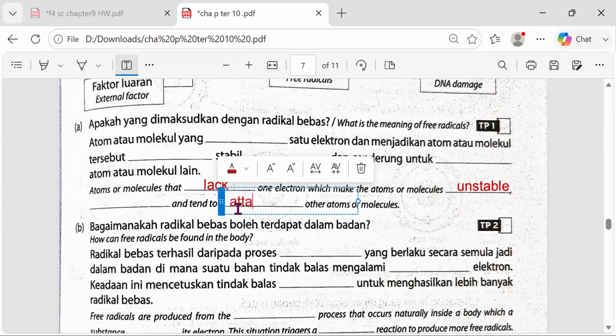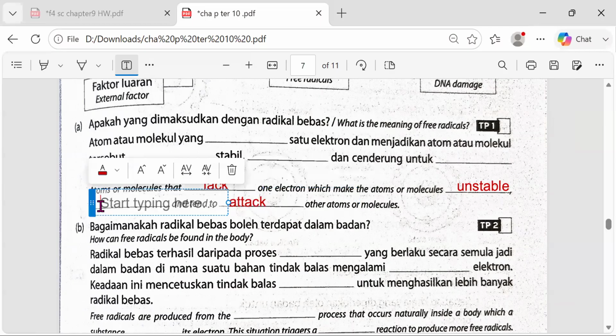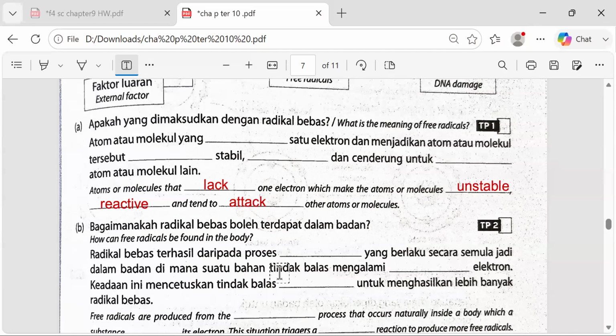They are unstable and reactive. So you actually don't want them to react with you, but they keep attacking your cells.